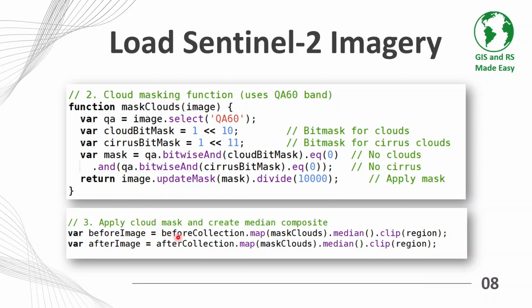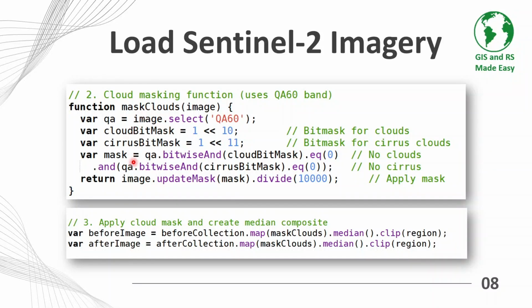Now we need to apply this cloud mask and create a median composite. So let's make a variable called before image. First we will take our before image collection and use the map function and pass it to this function. What the map function does is it takes the first image from this image collection and sends it to this function.